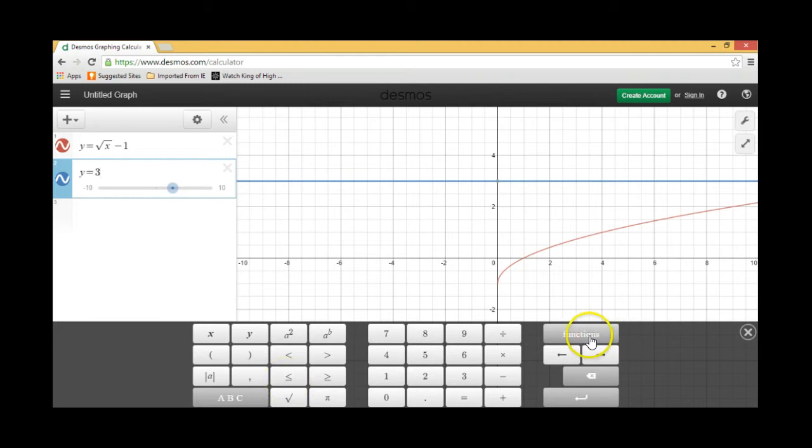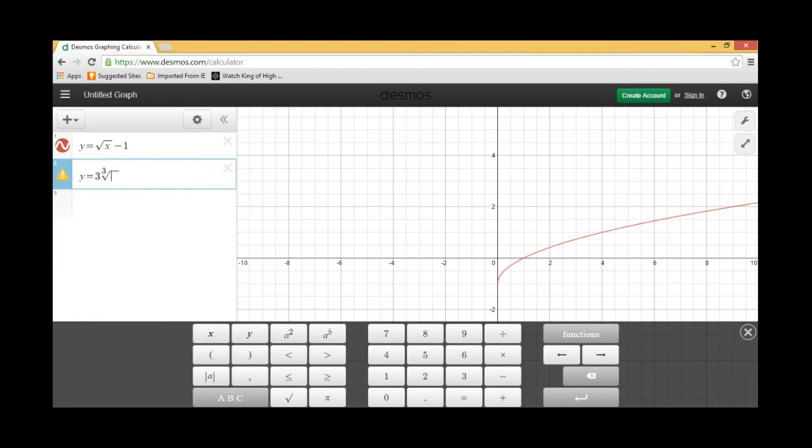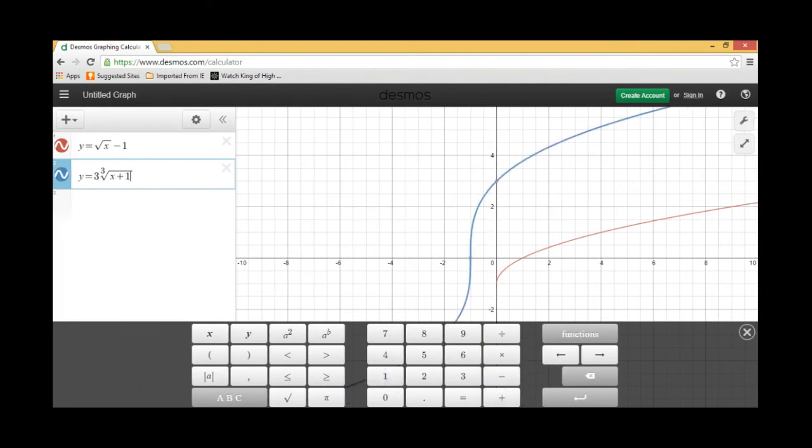So you have to go to these additional functions, and we want to be on the miscellaneous tab, and then we can do cube root of x plus 1. I just realized that that front number really should have been a 2. So x plus 1, and then it was plus 3 at the end.